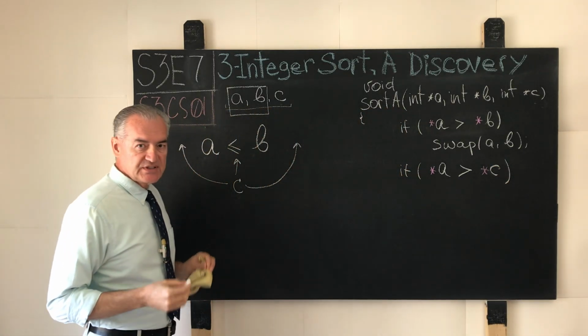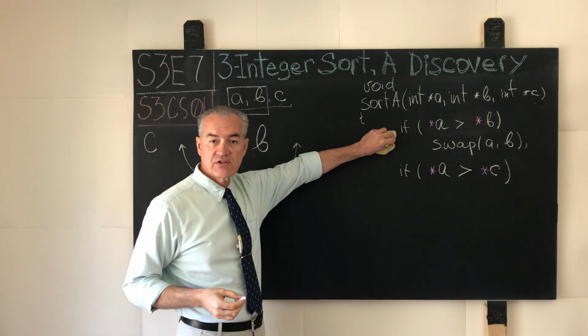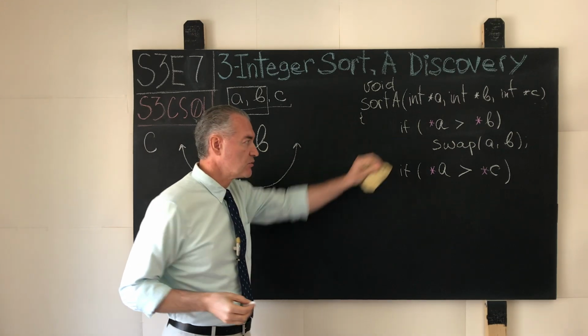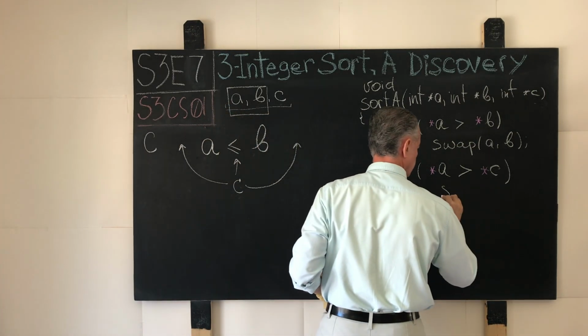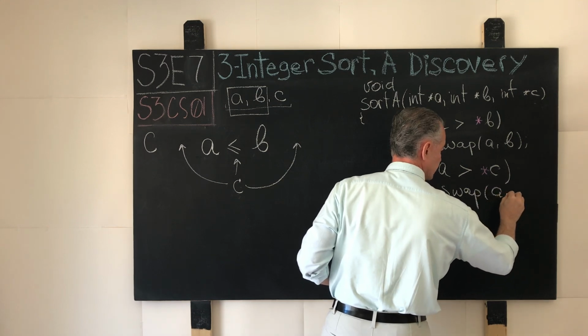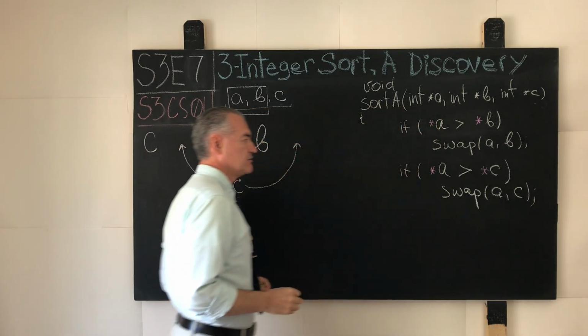You see, we do exactly the same thing that we discovered in the faithfully reduced in size problem. We swap the integers, the values in the integers A and C. This is done.